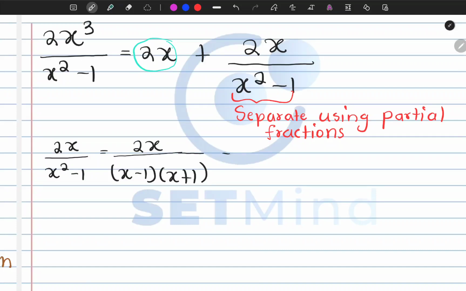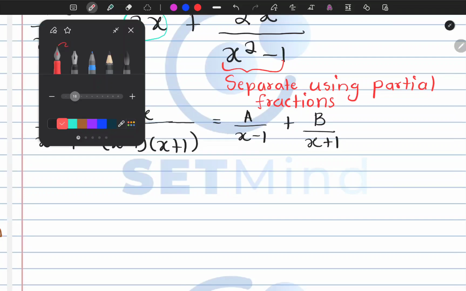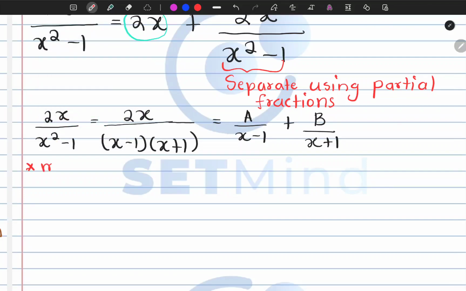And for the longest time, we have known that as long as the degree of the numerator is less than that of the denominator, this will just be a divided by x minus 1 plus b divided by x plus 1. And we can now go ahead and multiply by the common denominator in order to find a and b.